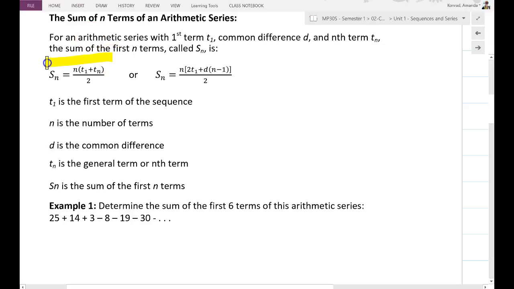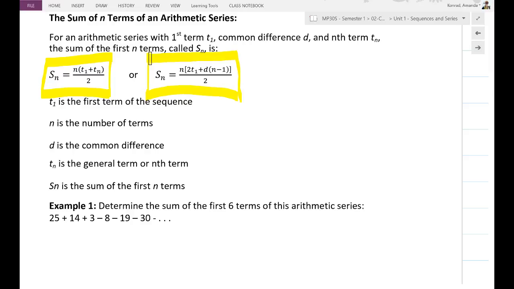So we've got option 1 does not include your common difference. Option 2 only includes your first term, but it does require your common difference. So you're going to use each of these equations differently depending on the scenario. So again, T1 is your first term, T2 is your second term, etc. So Tn is the nth term.